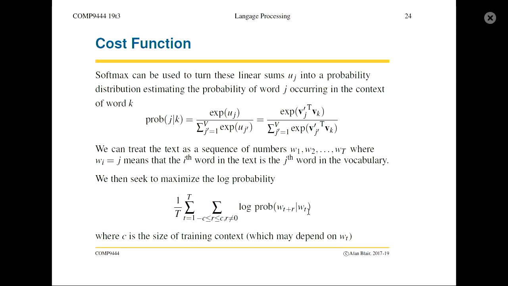So if t is equal to 100, this is the 100th word if you read through 100 words in the document, and then these are words 95, 96, 97, 98, 99, 101, 102, 103, 104, and 105. So for each of those words, you want to maximize the probability of those words being predicted based on this word, because those are the words that actually occur in the context of the middle word. Okay. Are there any questions about this?